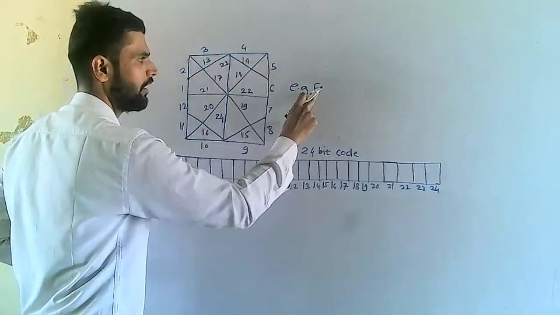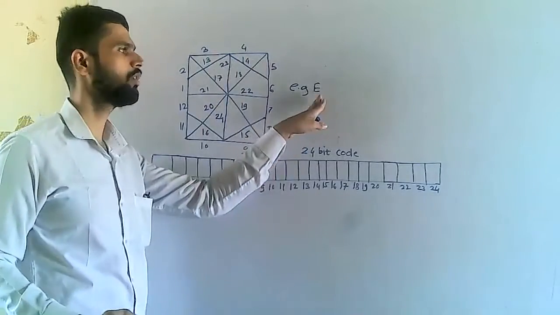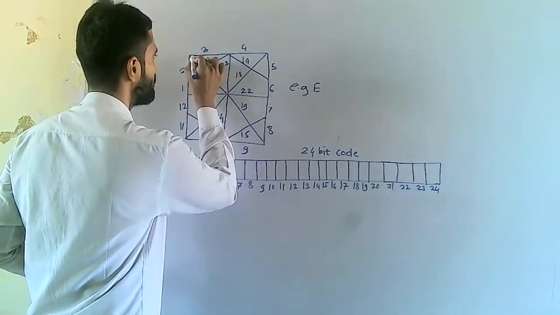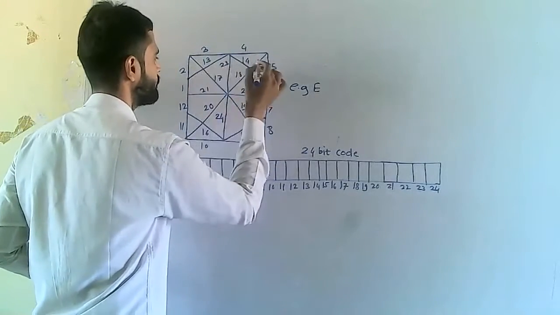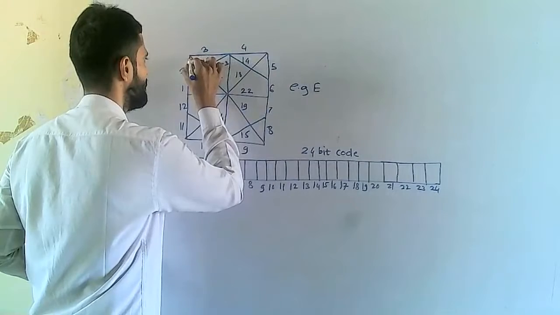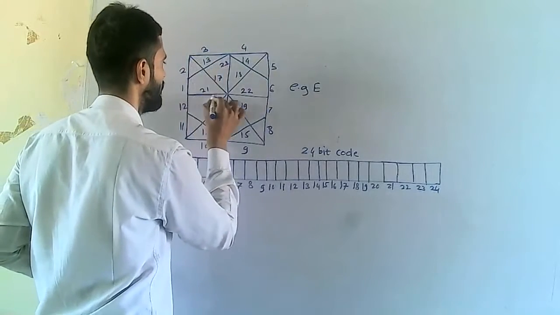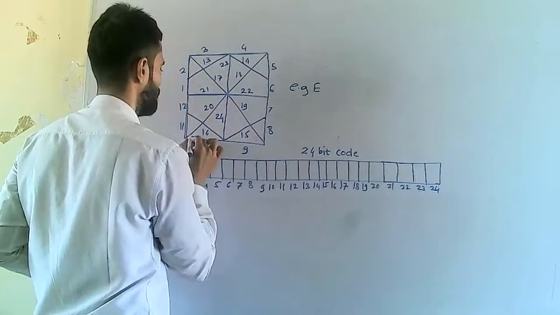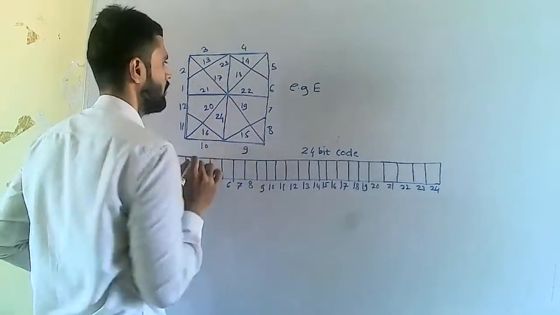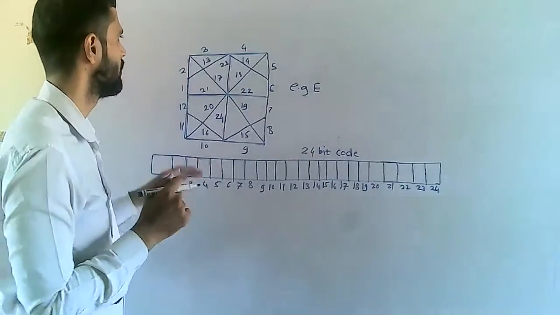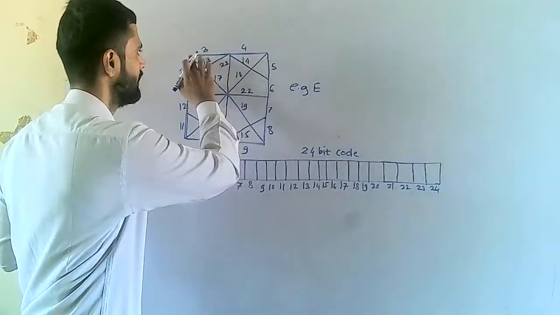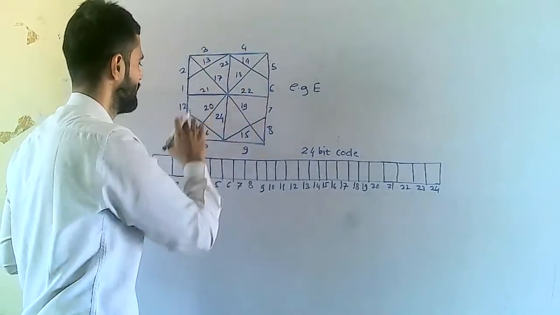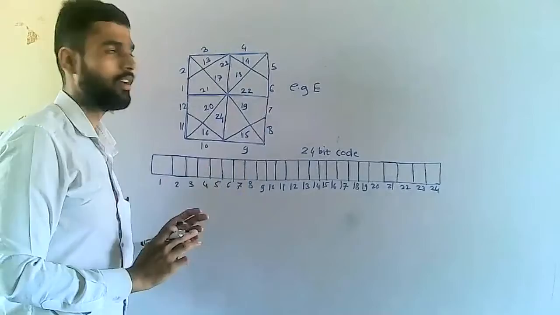Suppose in order to draw this character E, we need these line segments. Okay, that means we are going to highlight this portion. Okay, this one, this one, this one, this one, and this one.